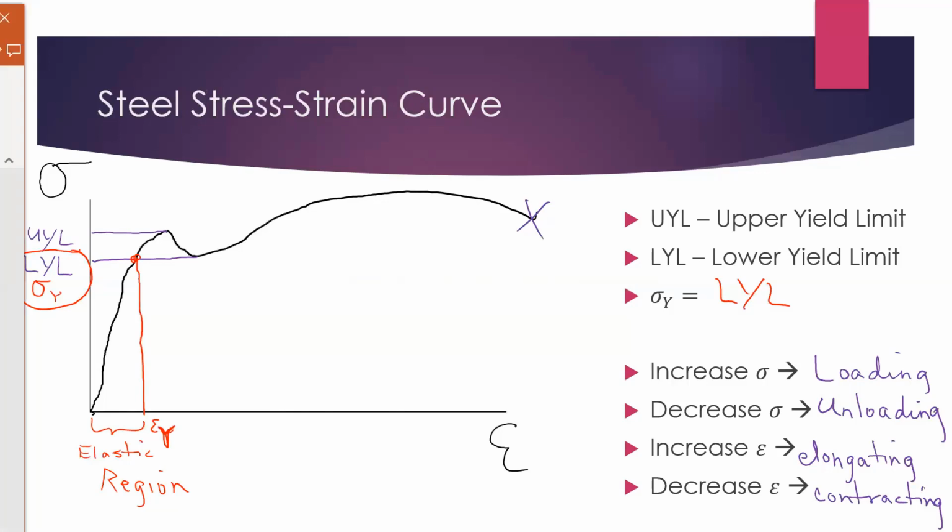Next, our material starts yielding, and I would say that would be this region here. Really anything to the right of our elastic region is yielding, but we have more specific names for those regions. So this is the beginning of our yielding. Yielding indicates that you have significant increase in deformation with small increases in your load.